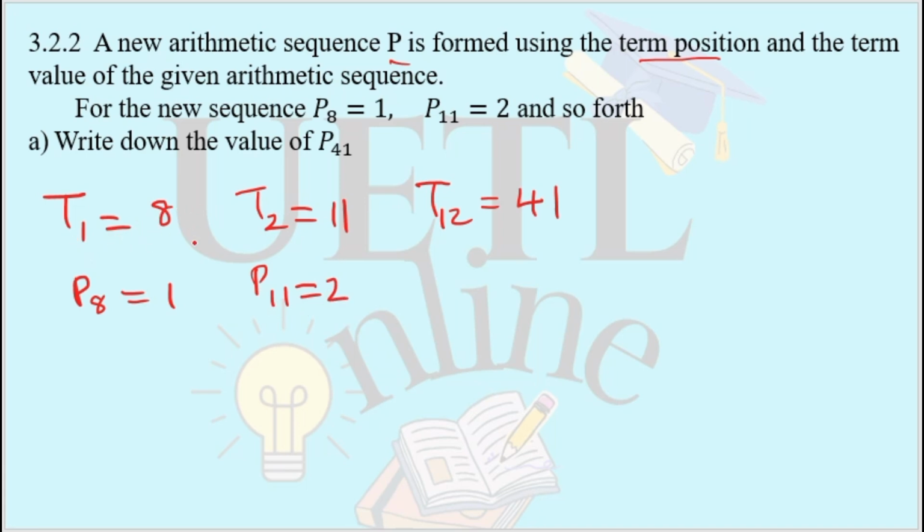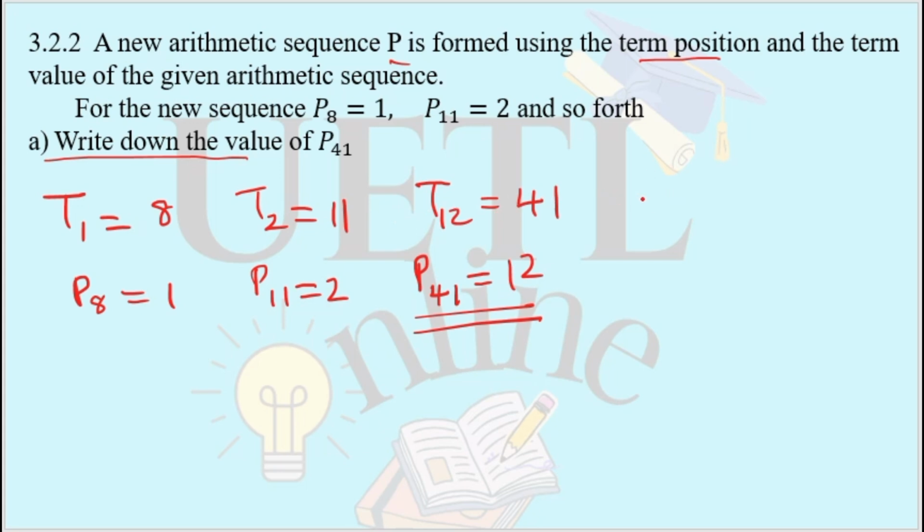We are just taking this and swapping it with this one like this. So this means that our P41 is equal to 12. The question says to write down the P of 41, so we can easily write it like this. Let's create a formula for this.